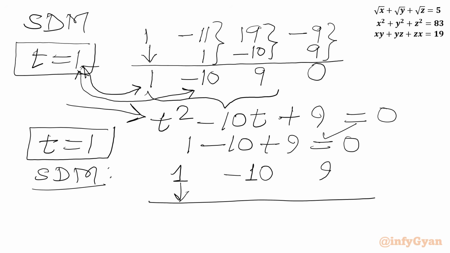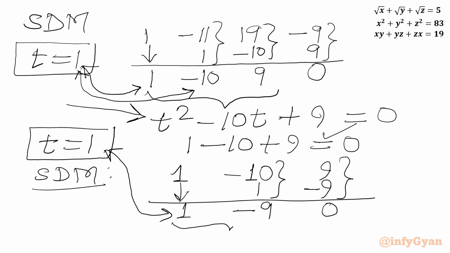1 would be as it is 1. Now base solution will multiply with leading coefficient 1. So 1 times 1 is 1. Once we will add these two, we will get minus 9. 1 times minus 9 is minus 9. Addition will give us 0. So these are coefficients for linear equation in t. I will write t minus 9 equal to 0.